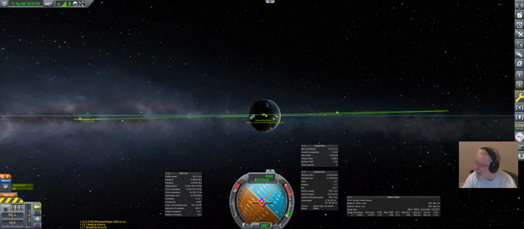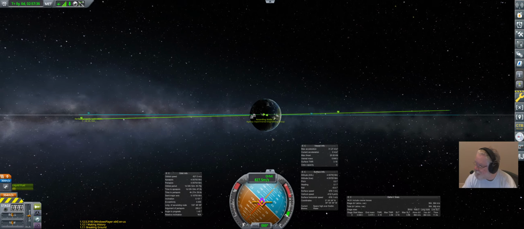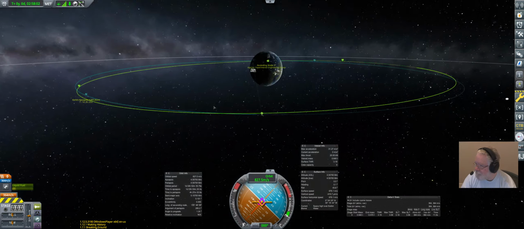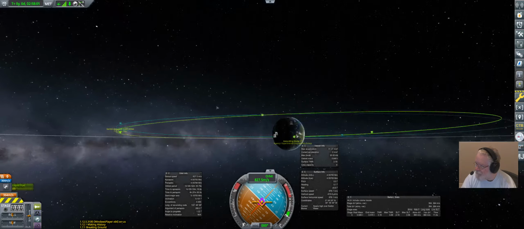And I'm going to look at this side on. So we should see our blue orbit swing around to match the green orbit. I said that with such confidence.